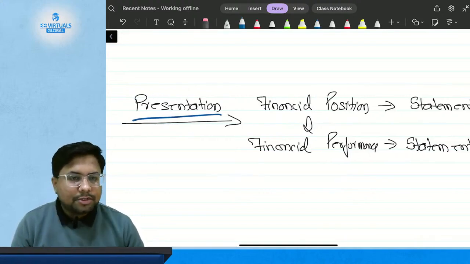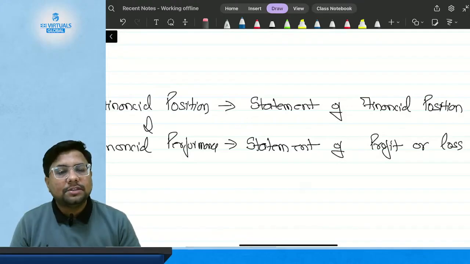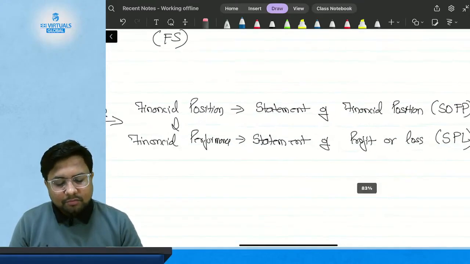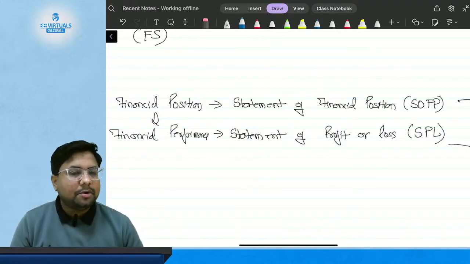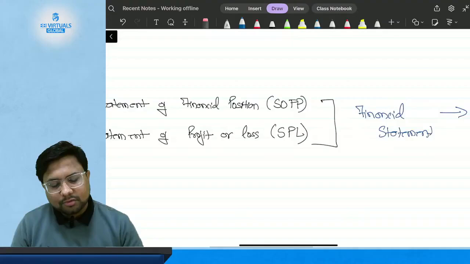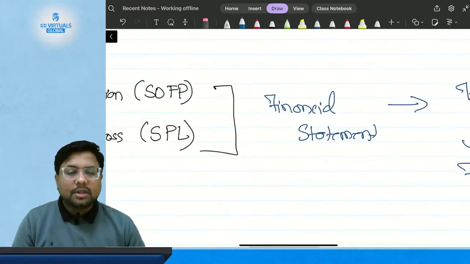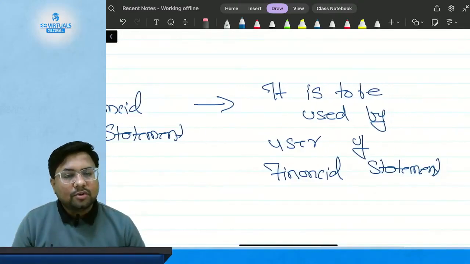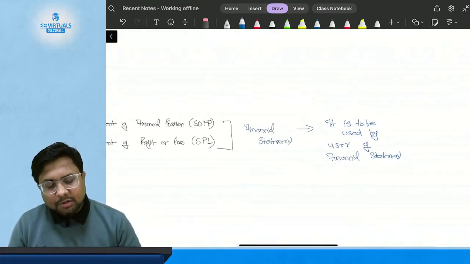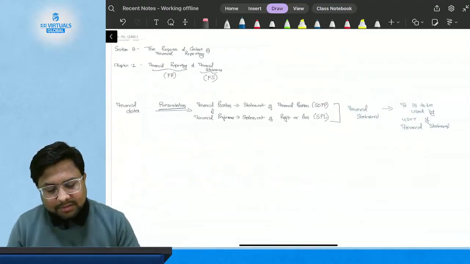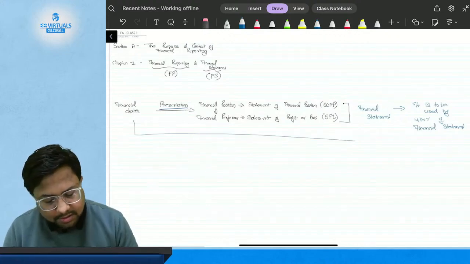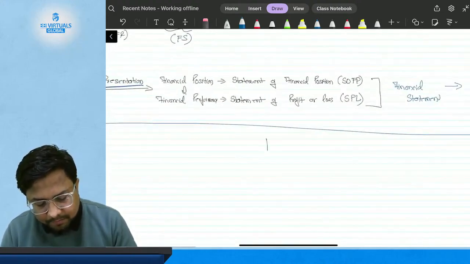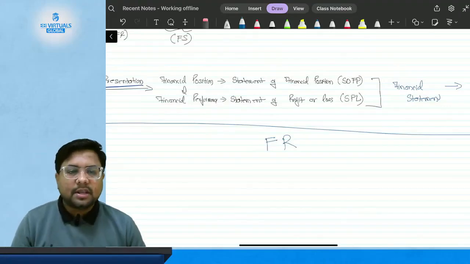Financial position is also called the statement of financial position or SOFP, and financial performance is called the statement of profit or loss, also called SPL, which together are called the financial statement, which is going to be used by the user of financial statement. The entire process of this is called financial reporting, that is FR.